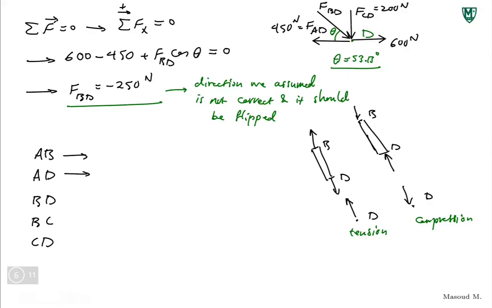Now, I just want to give you some summary of they were under tension or compression. So this member, AB, what did we find about AB? We found AB is under compression. So when later on, when you look at this, you can check your interpretation with what the final status was for that member. AD was under tension. BD ended up being under tension.